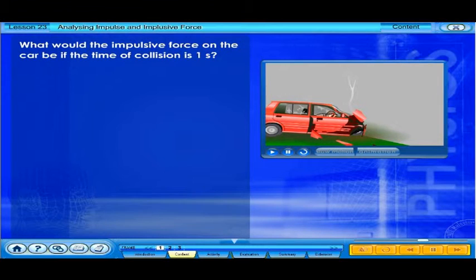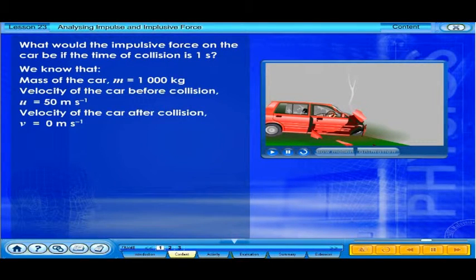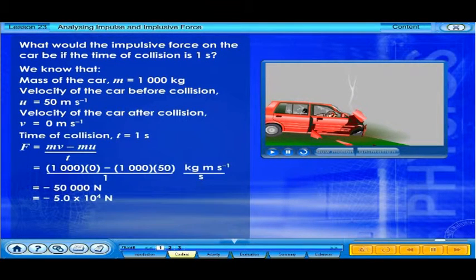What would the impulsive force on the car be if the time of collision is 1 second? We know that m equals 1,000 kilograms, u equals 50 meters per second, and v equals 0 meters per second.